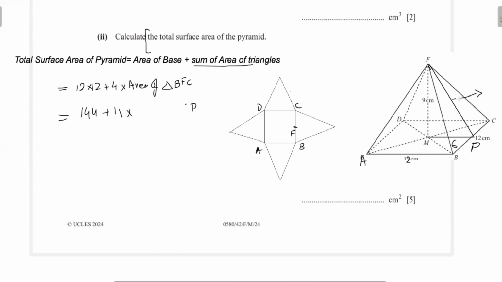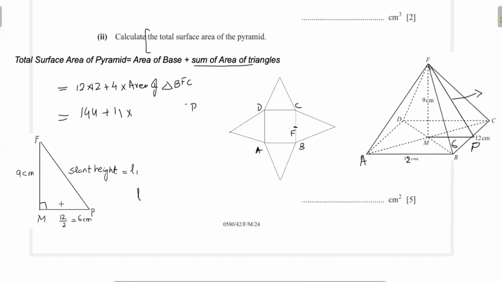Now, this slant length, we use the Pythagoras theorem. FP is the hypotenuse. Square will be equal to base square plus perpendicular square, and this will be equal to 36 plus 81 is 117.